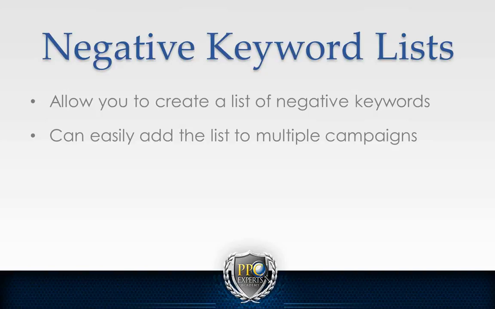So if people were searching on Honda Accord headlight, I don't want to show up for that. So I have a keyword list for parts and accessories, and things in that list are like headlights, spoiler, floor mats, brush guard, whatever. Basically, you can easily add those lists to multiple campaigns very quickly.